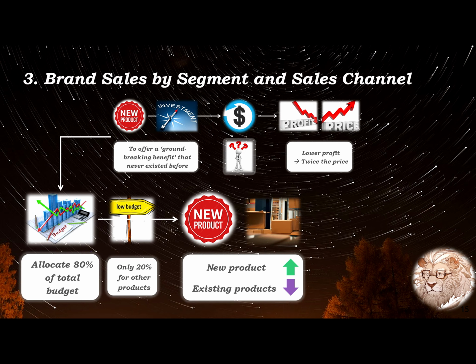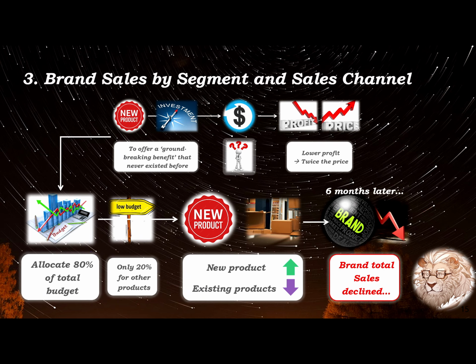The company hastily renegotiated with them, but the progress was slow due to the pre-aligned deals before the new product launch. After 6 months, the brand's overall sales began to decline significantly. The brand team calculated the additional investment required to restore total brand sales and found that it would be approximately 3 times the level before the new product launch.